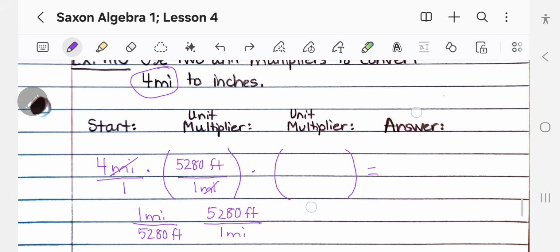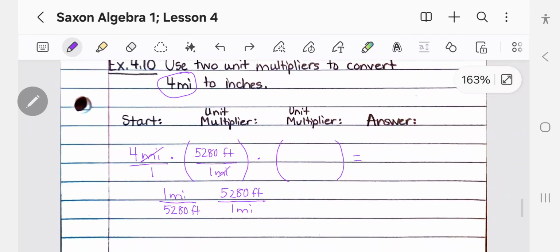But they want us to go to inches. So I need to know something about feet and inches. And you probably know this one. It's in our chart down there too, that 1 foot is 12 inches, or 12 inches is 1 foot. Which one do we need? Well, feet are here, so I'm going to need feet here.